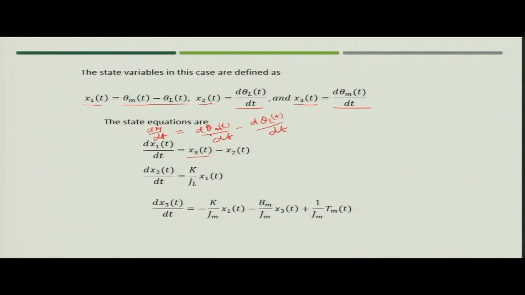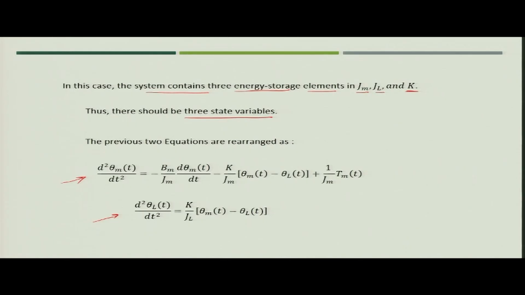So, we write x3 in place of d theta m by dt, and similarly d theta l by dt is written as x2. So, we got our first equation for state variable, that is dx1 by dt is equal to x3 minus x2.